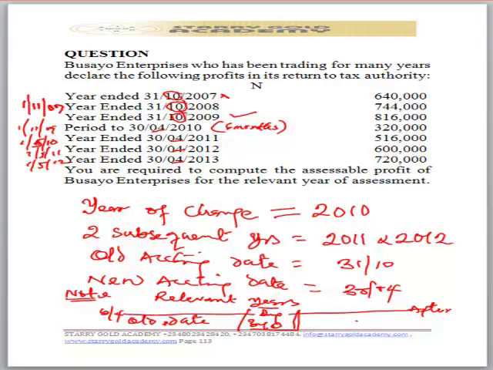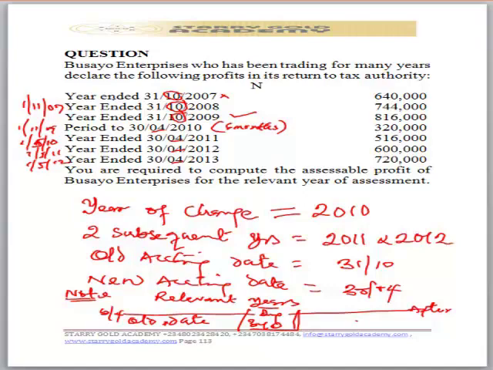Now I actually need the profit from May 2008 to April 2009, but I can only get from May 2008 to October 2008.